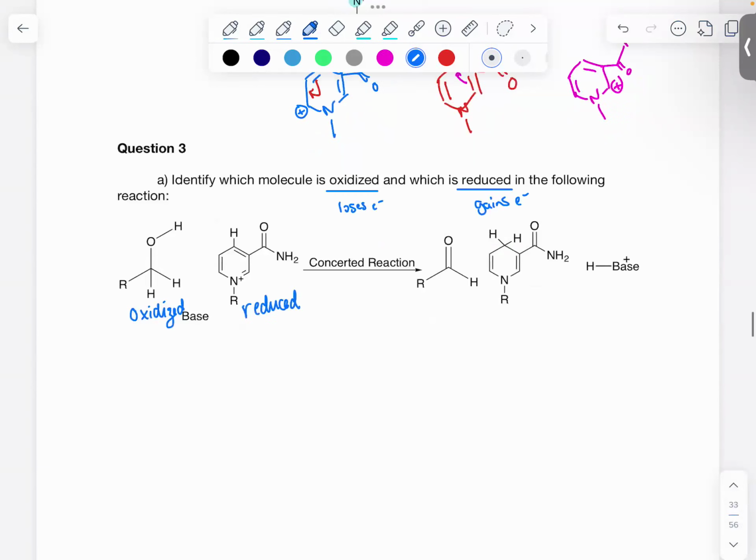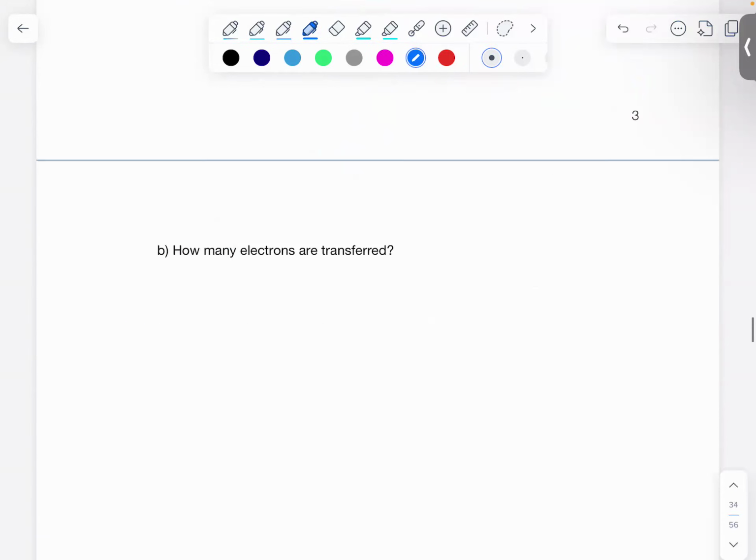So we can break this down to look at how many electrons are transferred. If we're looking at just the first half, we know that we'll have to lose 2 protons, start moving in the right direction.